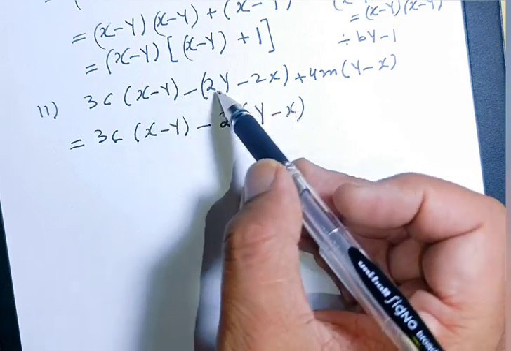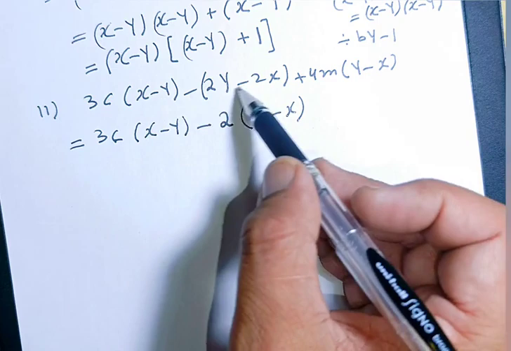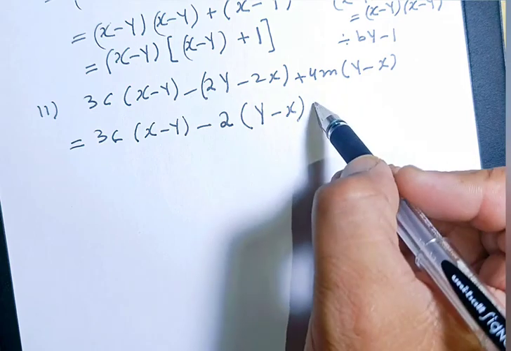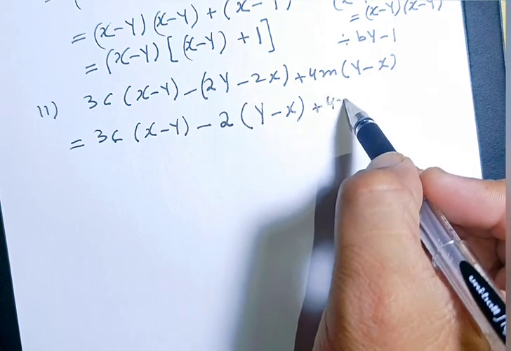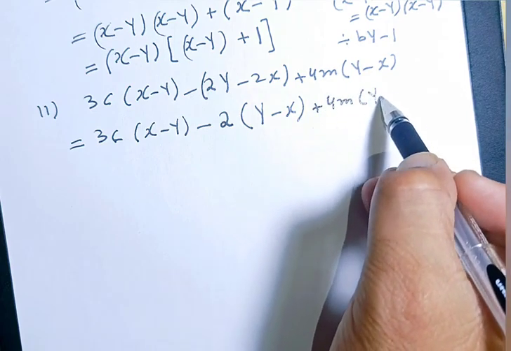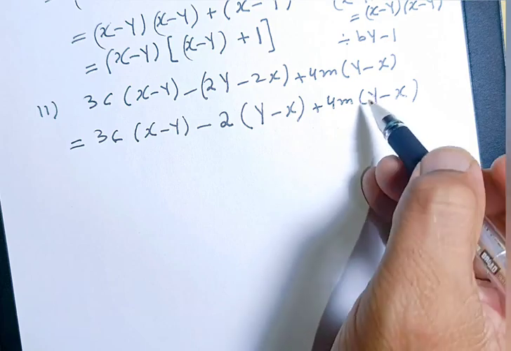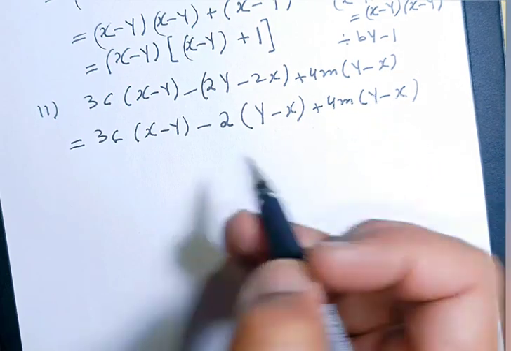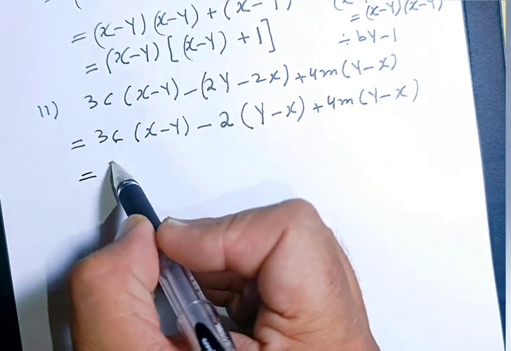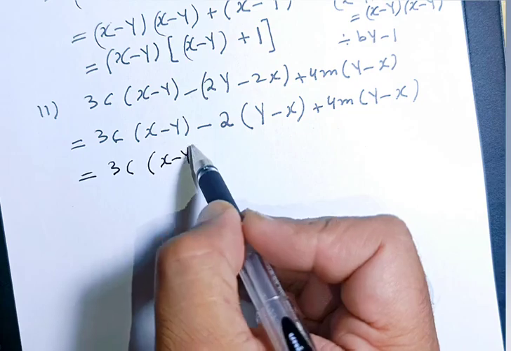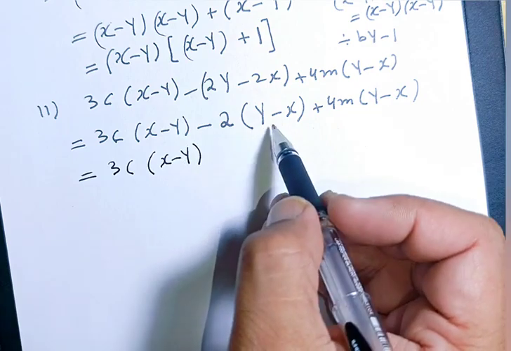But I can see here, if I take out the 2, 2 is a common factor here, then it's going to leave y minus x. And the 4m, I can't do anything here. I'm going to modify now in the second step. So y minus x. So now 3c x negative y we have, and I have to modify now.